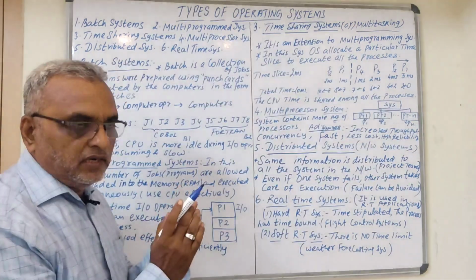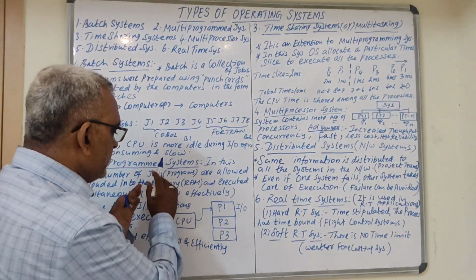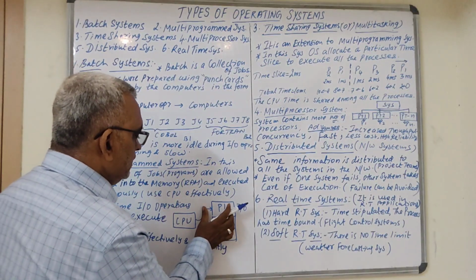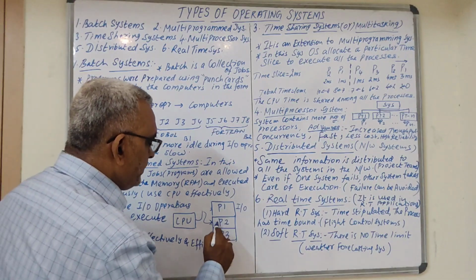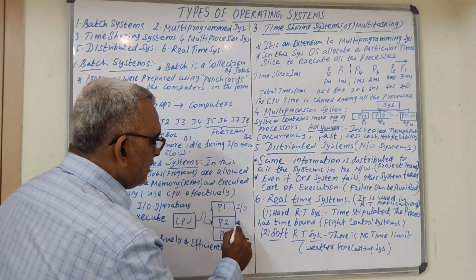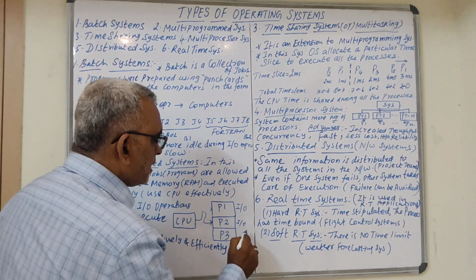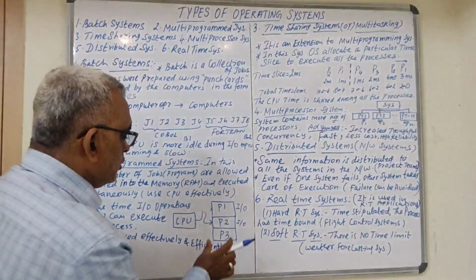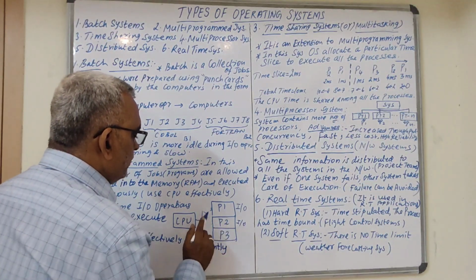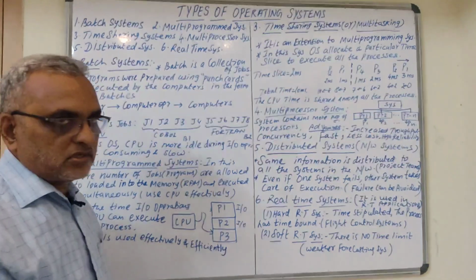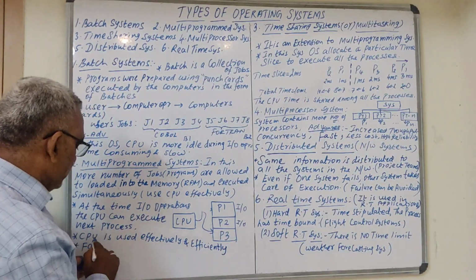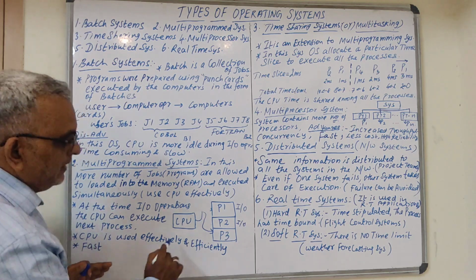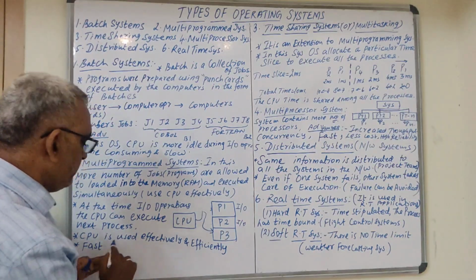In a batch system the CPU is kept idle, but in the case of multi-programming, it will switch over to the next process. Let us consider it is executing P2. During that time, if P2 encounters some kind of IO operation, it will immediately switch over to the next process, P3. Note that the CPU is not idle; it is always busy.